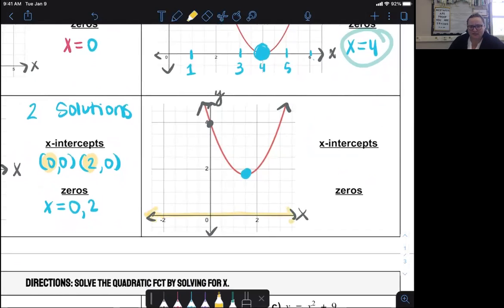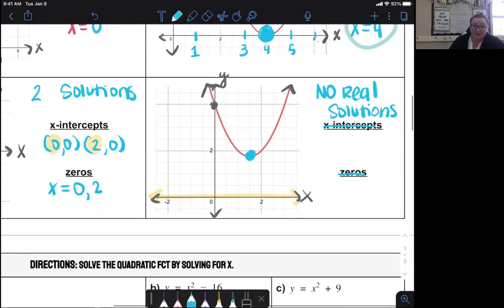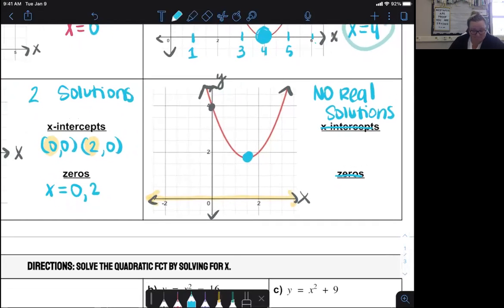But for now, you just need to understand that there are no real solutions. So this parabola doesn't hit the x-axis on the real number plane. So you don't actually have to tell me what the x-intercepts and zeros are because you don't know how to find those just yet, because they involve the imaginary number i.